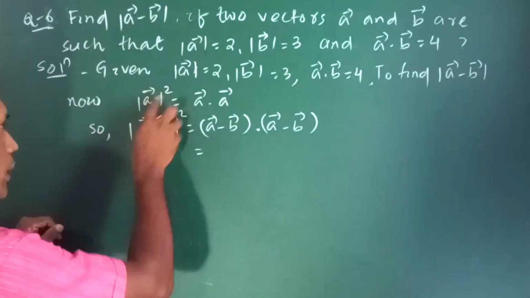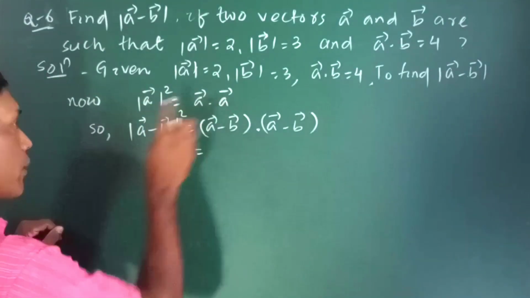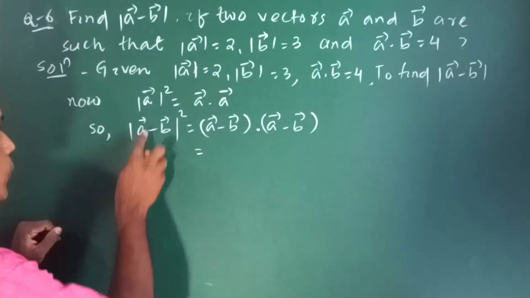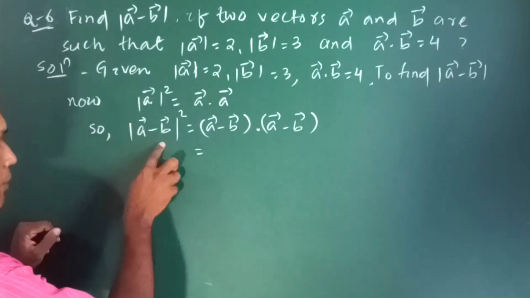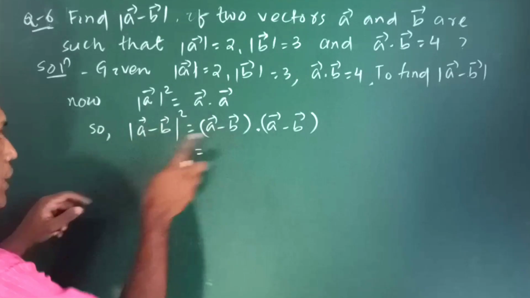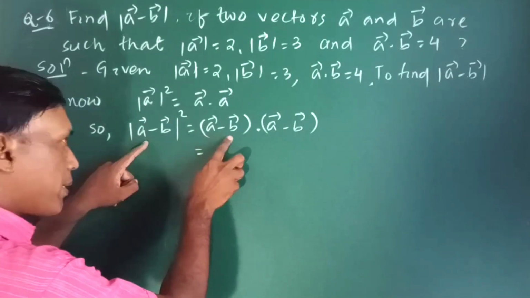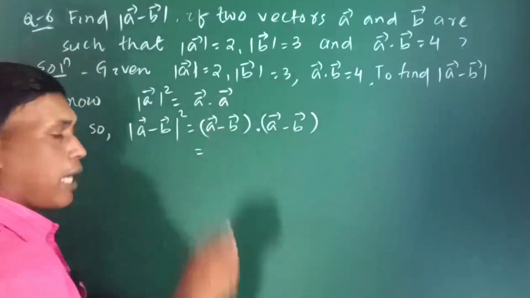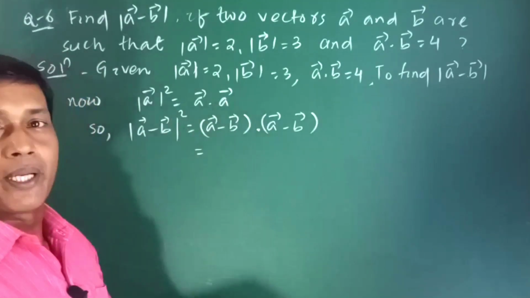So if the square of magnitude of A is A dot A, then simply put A vector equal to A minus B. Then this will be A minus B vector dot A minus B vector. Now take the dot product of these two vectors.